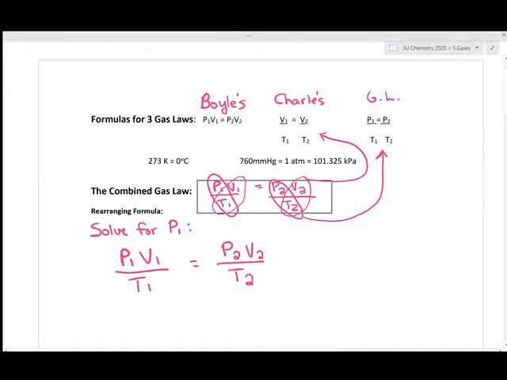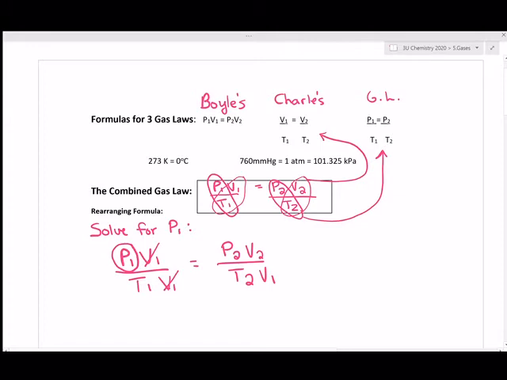So we want P1 all by itself. Currently P1 is being multiplied by V1. Well, how would we get rid of that? We would divide by V1. That would make it go away. But you can't just do that on one side of an equation. You need to do it on the other side too. So whatever we do to this side, we're going to do to this side.